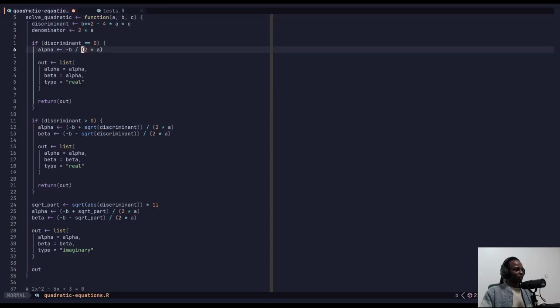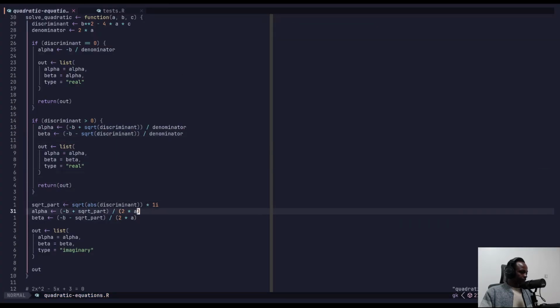So in all these cases of 2 times a, we're just going to have the denominator, right? So instead of all these, we'll just have the denominator.